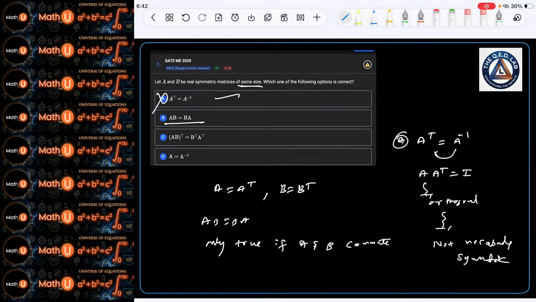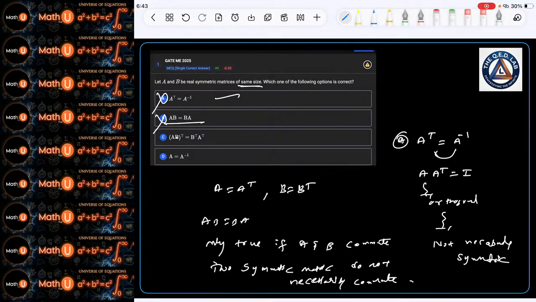But two symmetric matrices do not necessarily commute. That's why we can eliminate the B answer also.